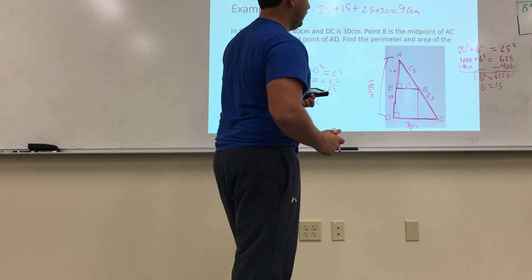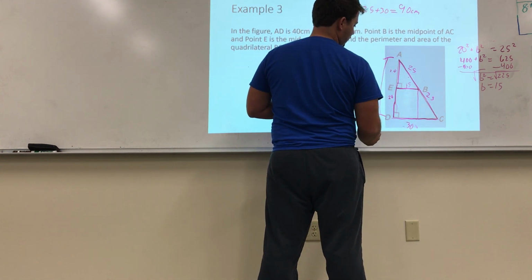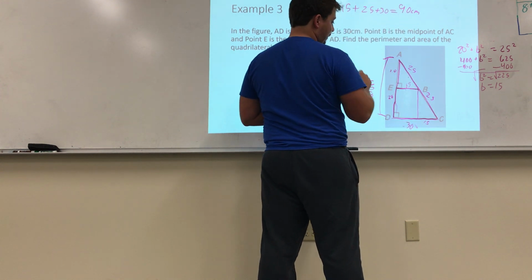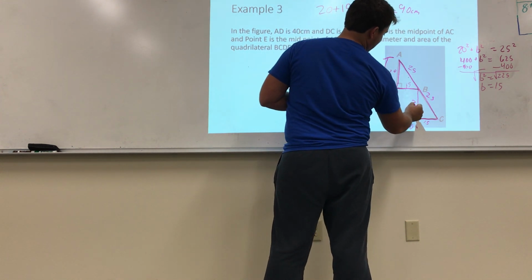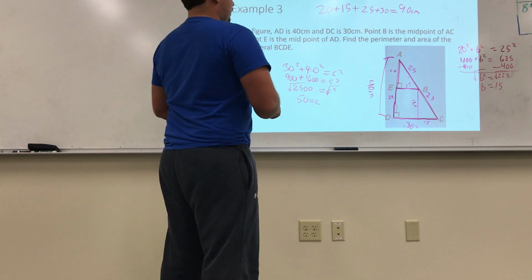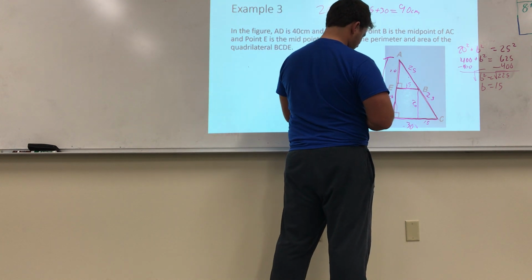Okay? That means this one is going to be 15 by 30, which means this is going to be a 15 by 25. This would be 20 here. Okay? So, I'm going to find the area here. 15 times 20 should be 300.